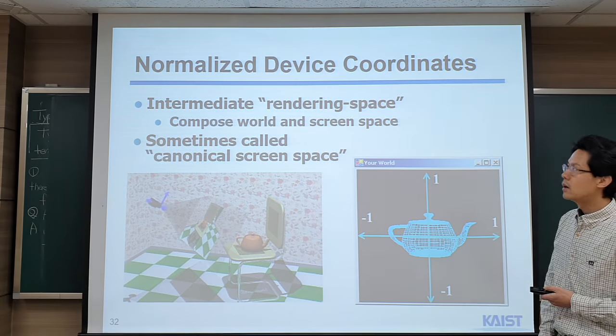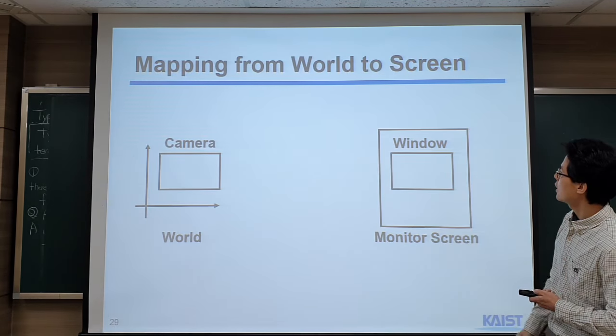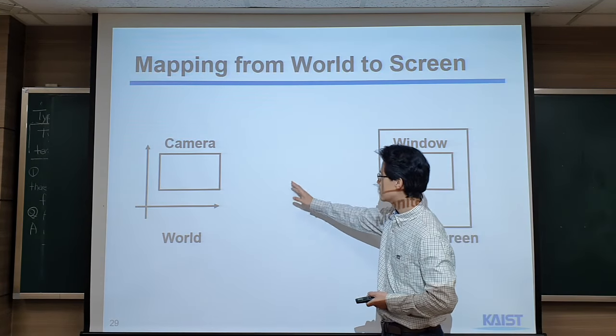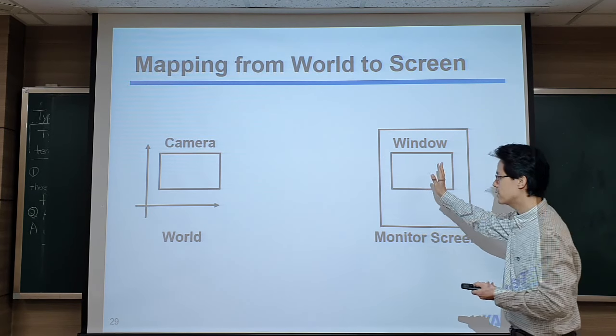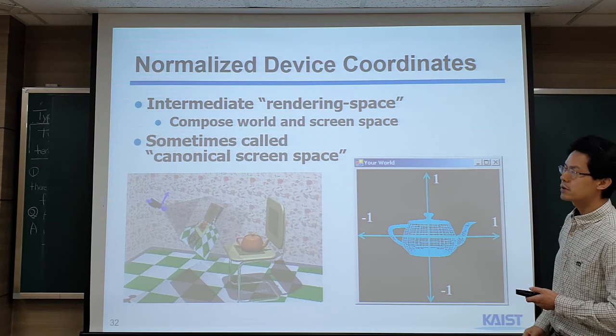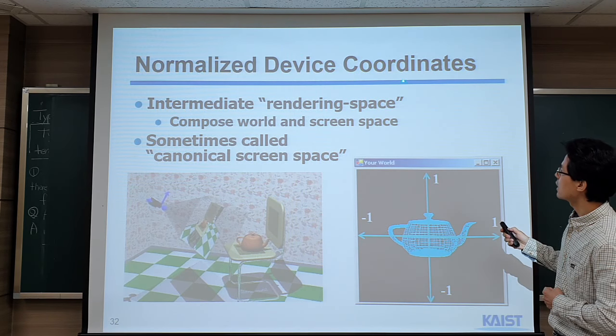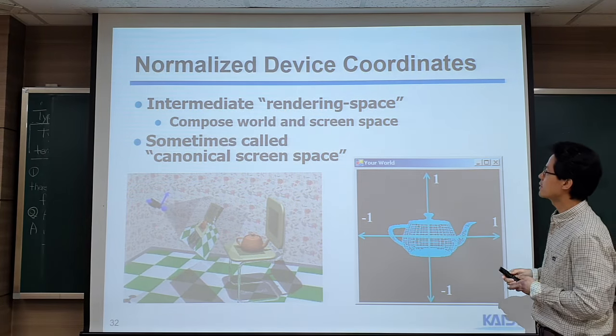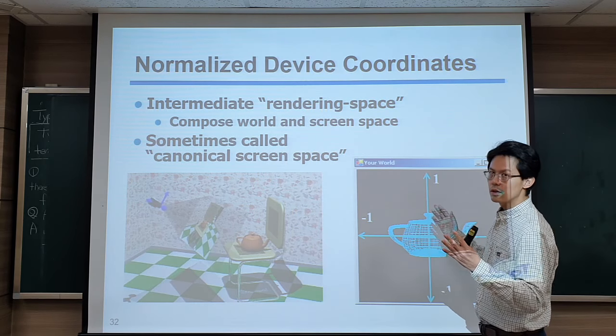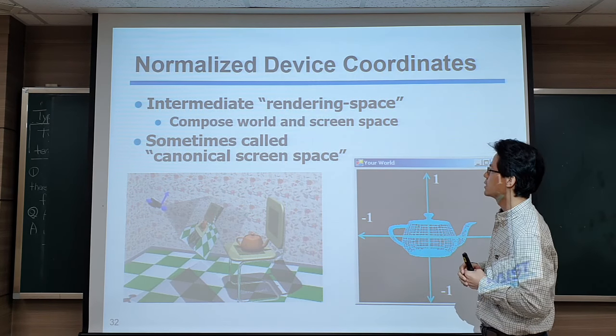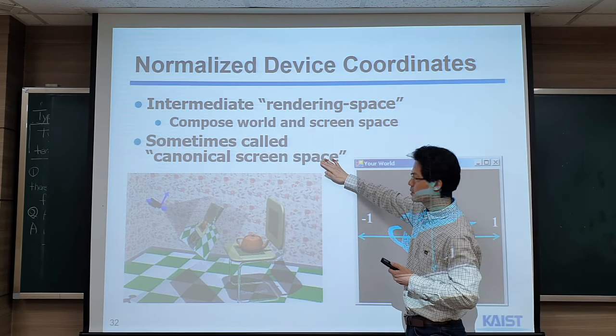And you can see that it's very clear that we need to have the world space and also this screen space. But in the middle, we also typically use this normalized device coordinate. It's more like an intermediate space between the world and screen space. This is also known as canonical screen space.